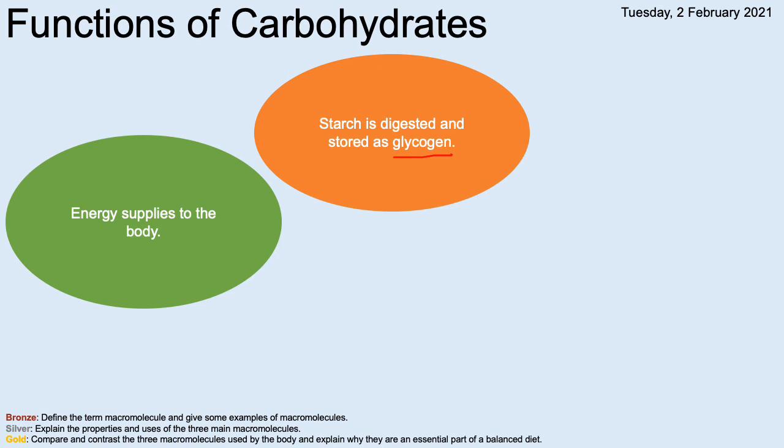Say you've just eaten a big meal and you've got lots of energy and you don't need all of it to function, your liver will store some of it away, and then as you're going throughout your day, in between meals, it will release some of that energy so that you have the energy to carry out your tasks and you don't have to keep eating like some grazing animals, for example.